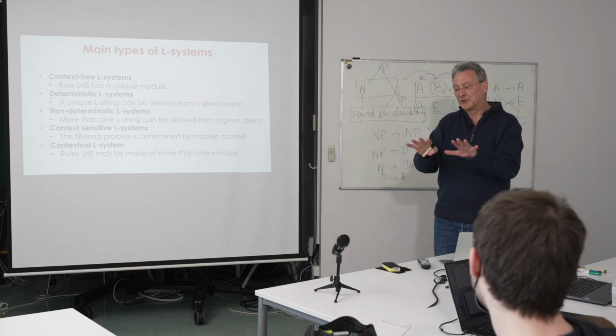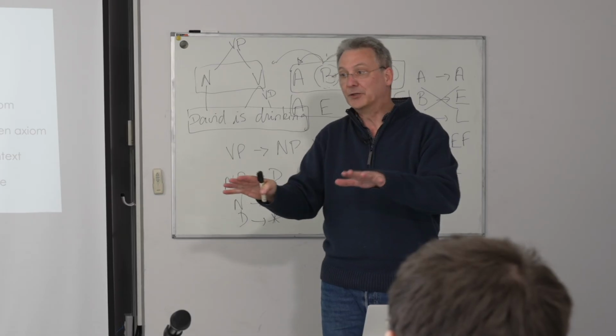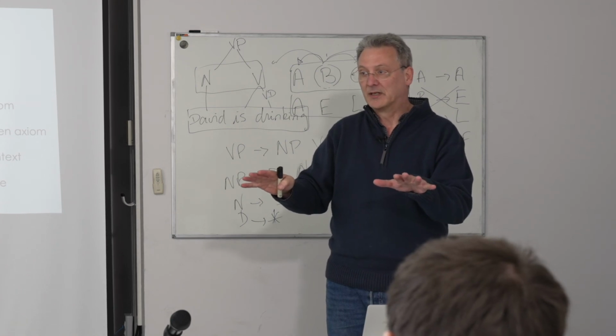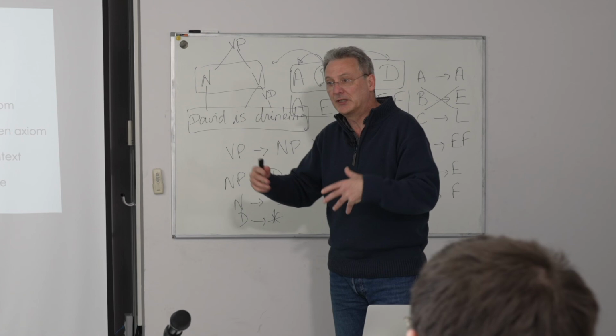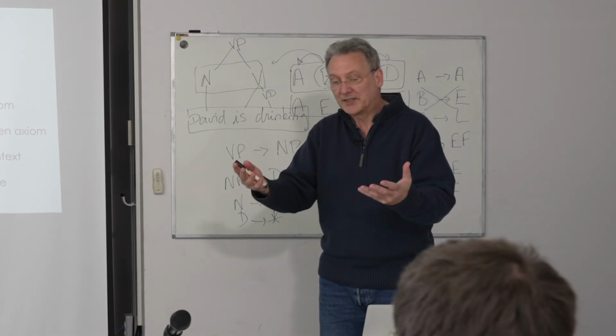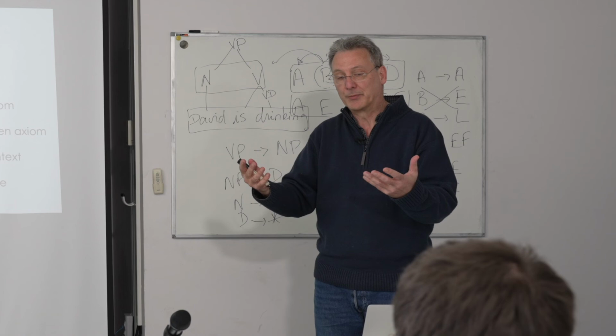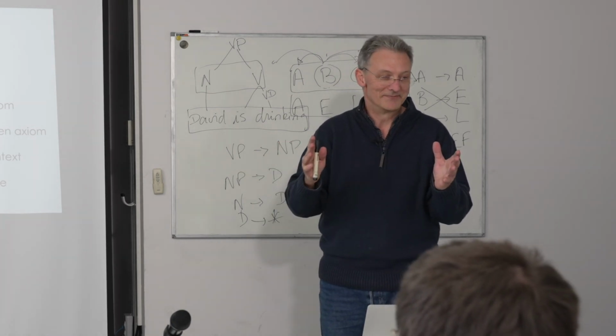It's due to the fact that the rules are applied in parallel in one case and not in parallel in the other case. Although the definition of context-free and context-sensitive is similar, the languages that you get don't have the same properties. Clear enough?